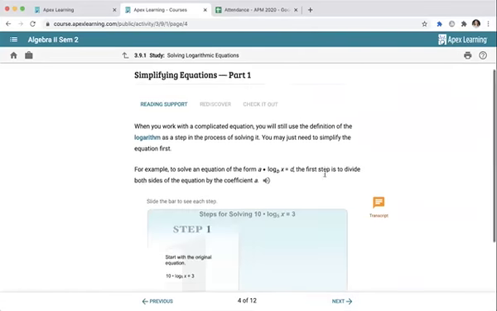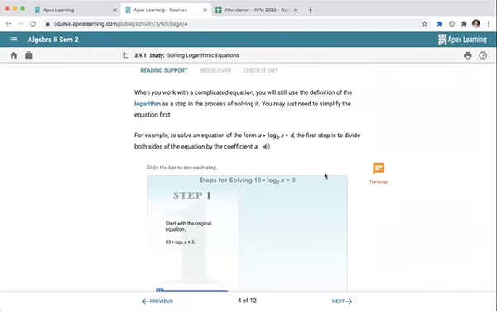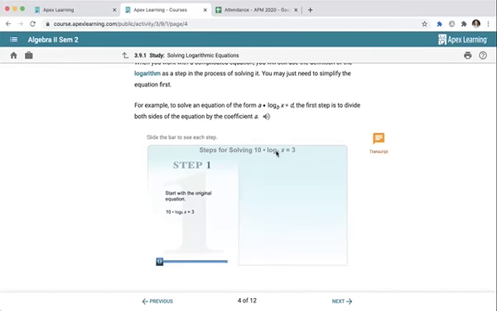Then what happens if we have a value out in front? Well, we have to isolate our logarithmic expression by itself on one side. If we have 10 times log base 5 of x equals 3, obviously we've got to bring 10 to the other side, so we divide both sides by 10.